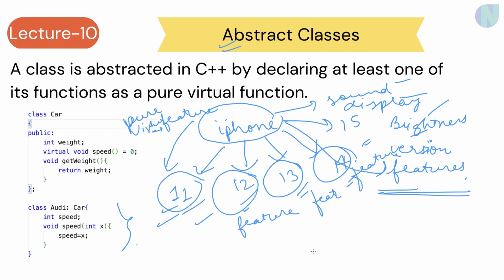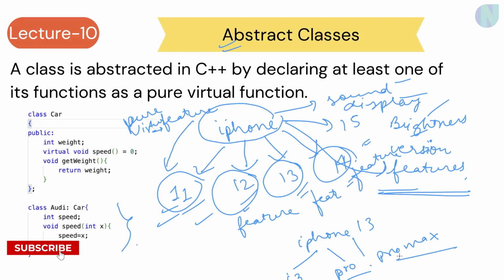So you can also understand with this example that iPhone 13 has multiple versions, like iPhone 13 Pro and Pro Max. They differ in the price, but some features are very similar in them, while for some functionalities they do differ, like the memory.